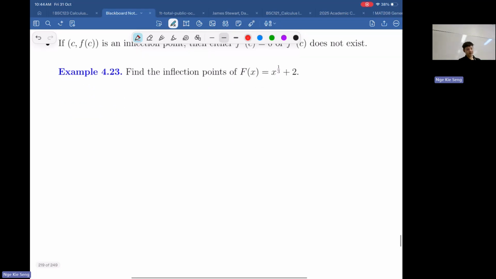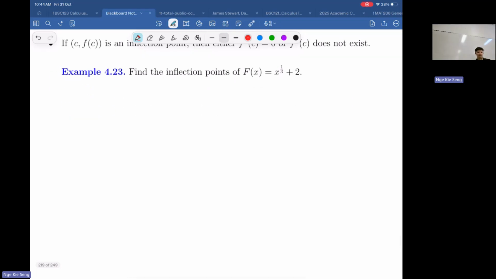Okay, so let's find the inflection point for this function here. So we want to see where it is concave outward and downward. And if we know that before this point it is outward, and after this point it is downward, or the other way around, then this is an inflection point.